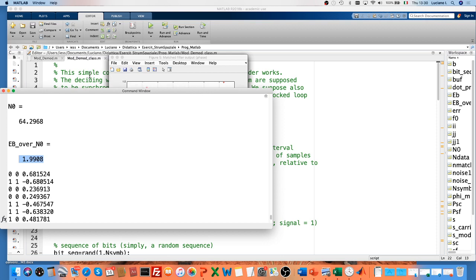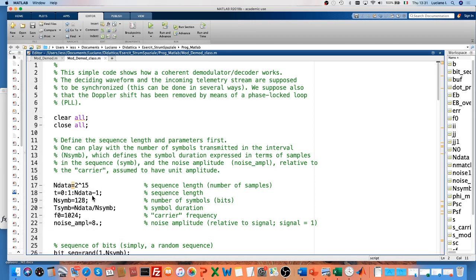So what is the way, in the presence of a large noise or a large carrier over noise ratio, what is the trick that we may apply? Well, we can decrease the number of symbols, increasing therefore the bit duration, increase T-bit, make the symbol longer.